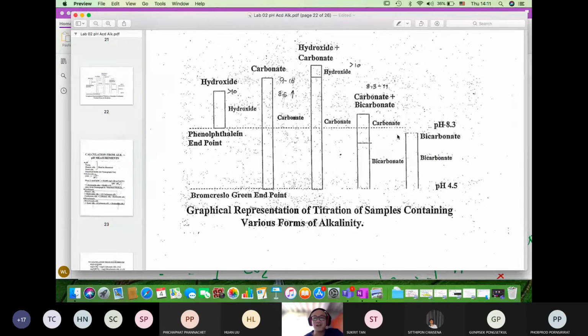But if the pH of the sample is above 8.3, you can also measure the phenolphthalein alkalinity. Phenolphthalein alkalinity is the alkalinity mainly caused by the hydroxide ion and some of the carbonate ion. But total alkalinity may be the alkalinity caused by several types of ions. Okay, so alkalinity essentially consists of two types: phenolphthalein alkalinity and total alkalinity. There are two types of alkalinity.